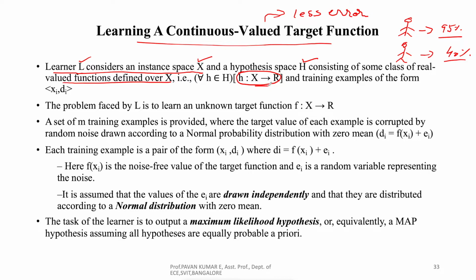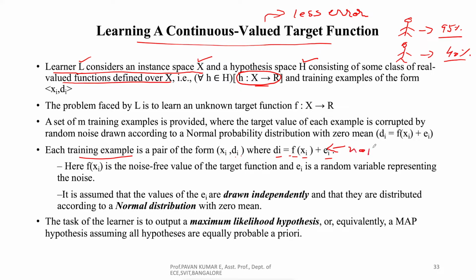Keeping that perspective, what they are going to find is that each training example is a pair of the form xi and di, where di equals f of xi plus ei. So ei is a random variable representing noise.